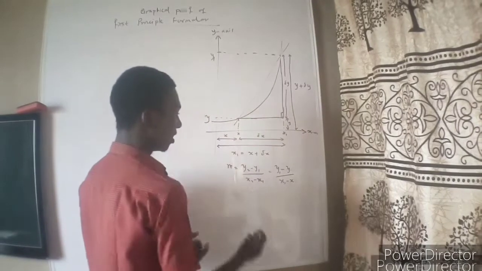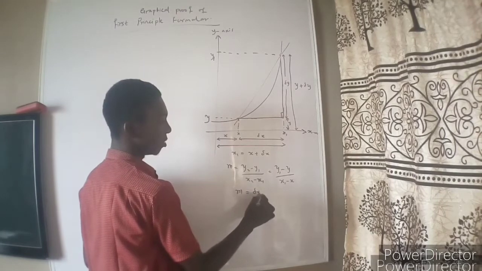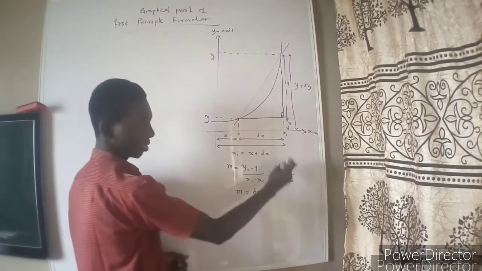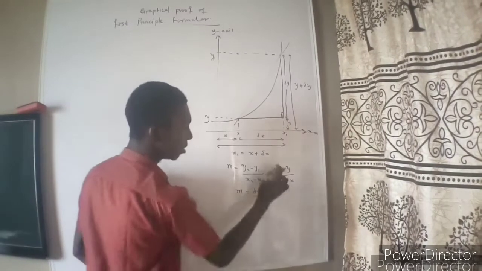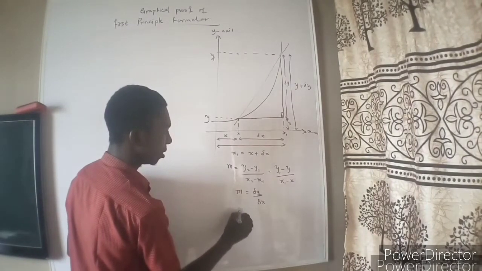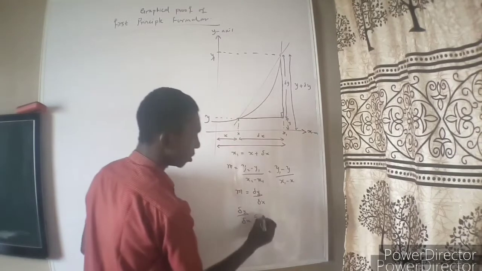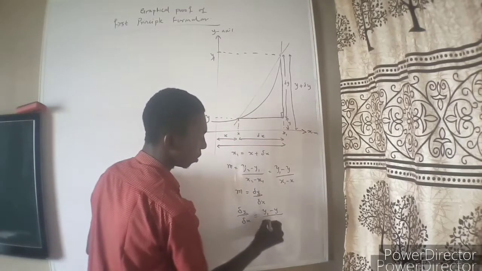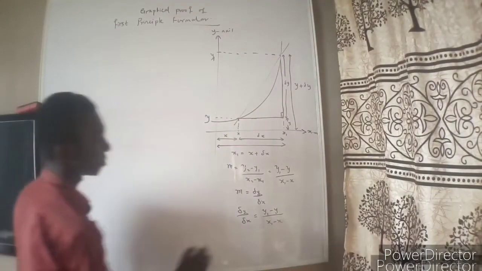So now, change in slope is also referred to as a change in y over a change in x. It is clear that it is a change in y divided by a change in x. So I can now replace this formula by saying my delta y over my delta x is equal to my y1 minus y over my x1 minus x. I don't know if this is clear.